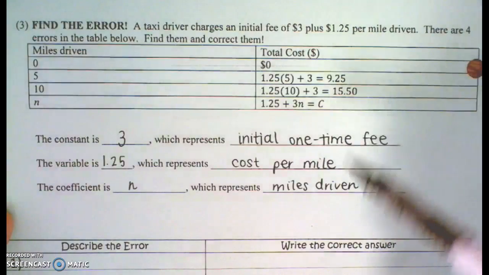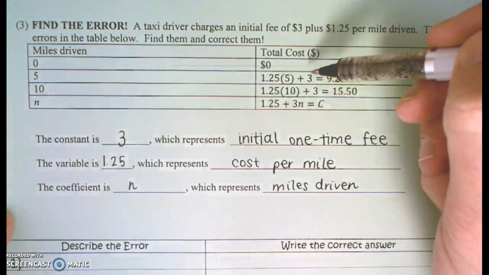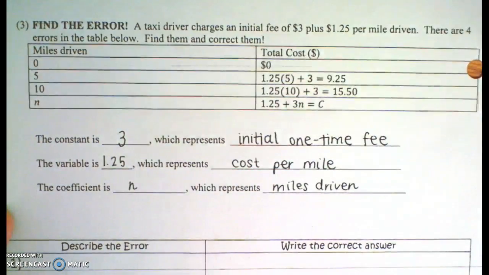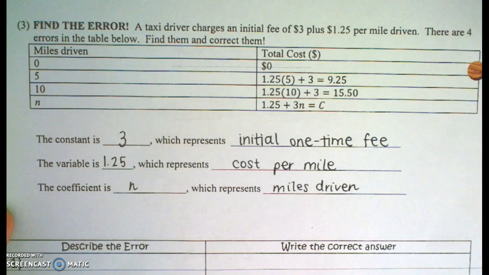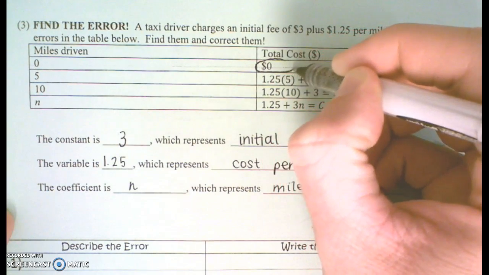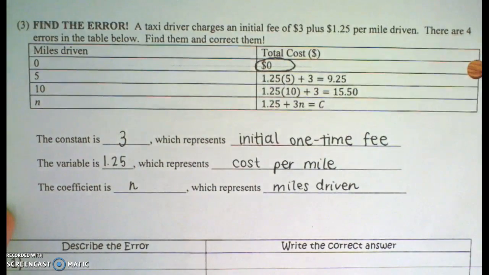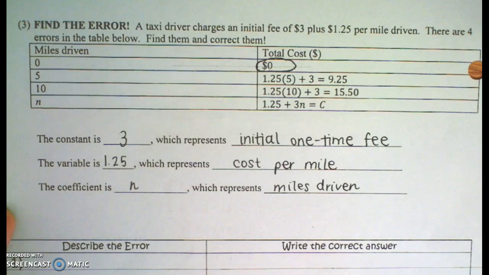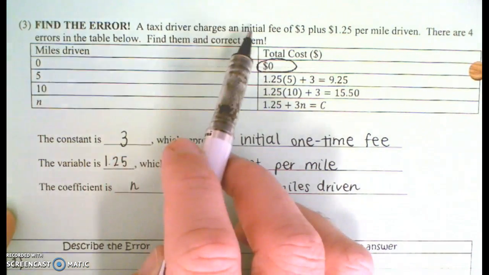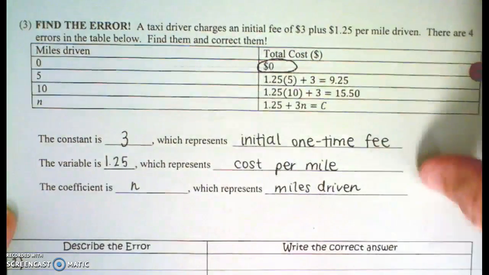So let's look at our table. The constant is being added in 2 of the cases, but I see some errors in the other parts of the table. So right away the total cost initially is going to be more than $0, right? Because no matter what, the taxi driver charges an initial fee of $3.